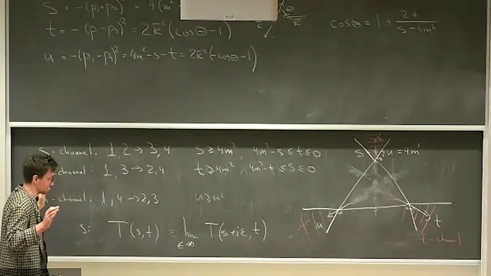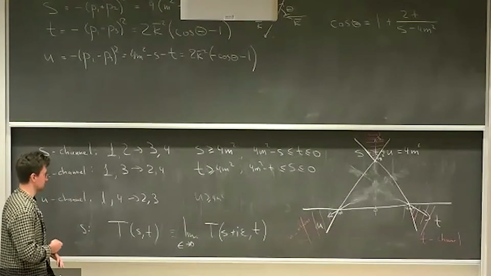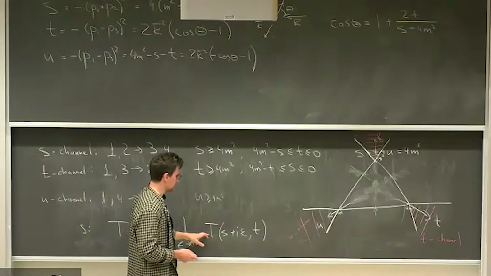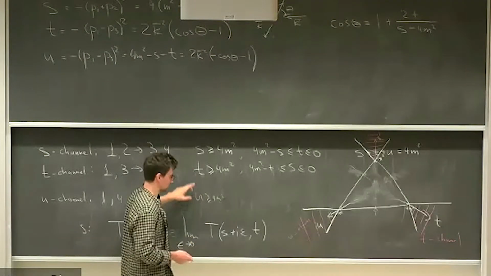You could have thought that, I mean, it's a complex plane. But the miracle, one of the many miracles, is that in fact you will find that the same function, after you analytically continue, will describe all these three channels.